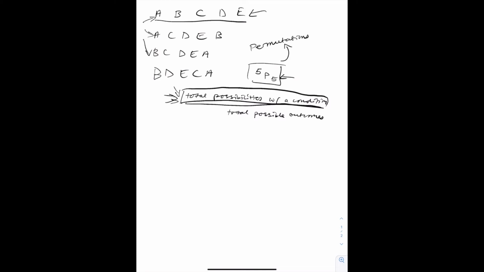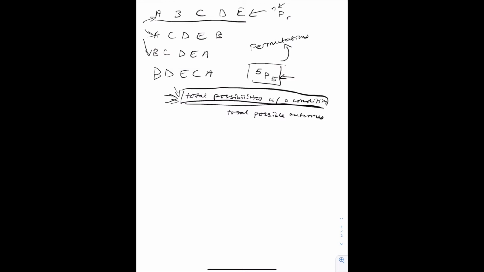So basically, 5P5 came from the equation nPr. So nPr is the notation used for permutations, where n is the number of values or variables used, and r is the number of items that are actually being used to rearrange the thing.